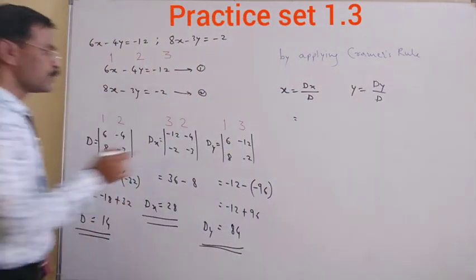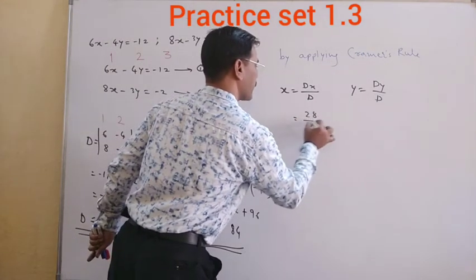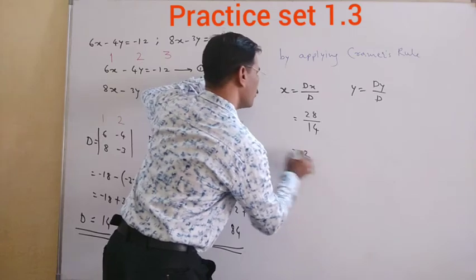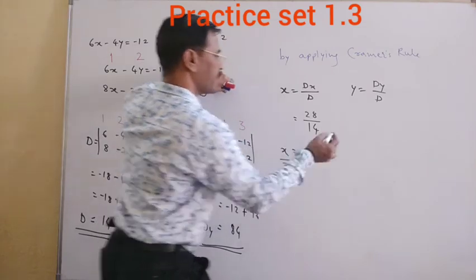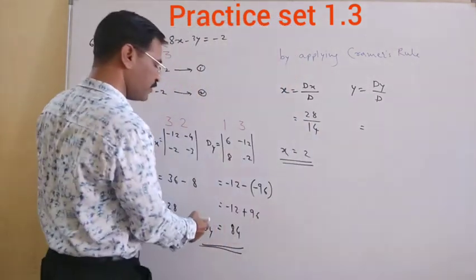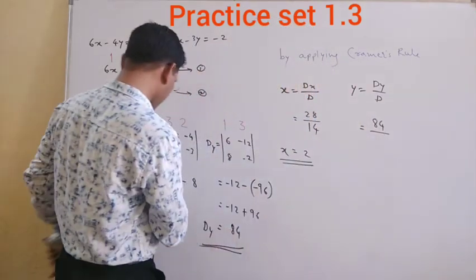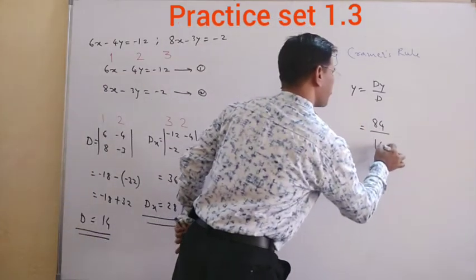What is dx? 28, D 14. So it is 2 and that side. What about dy, which is 84, and what about D, that is 14.